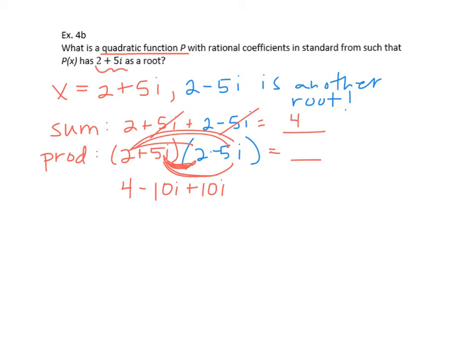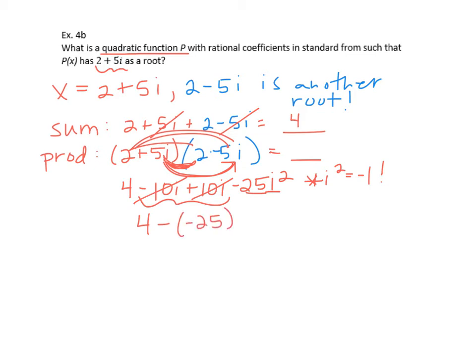And then positive 5i times negative 5i is negative 25i squared. In the middle, the 10i's cancel out because one's negative, one's positive. And then we have to recall what i squared equals. Remember, i squared equals negative 1. That means we're going to have 25 times negative 1, which is negative 25. And that double negative just makes a positive, giving you a product of positive 29.